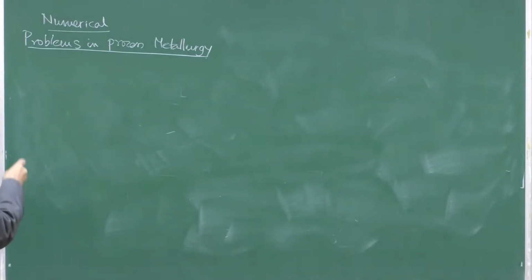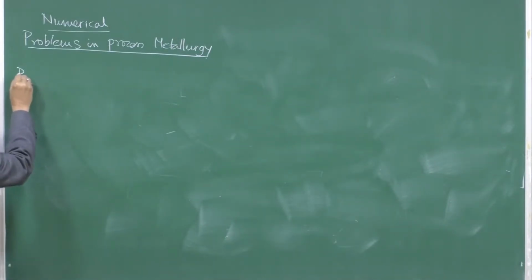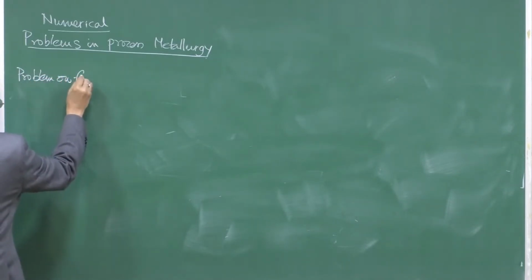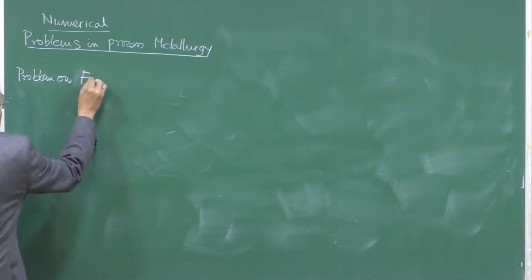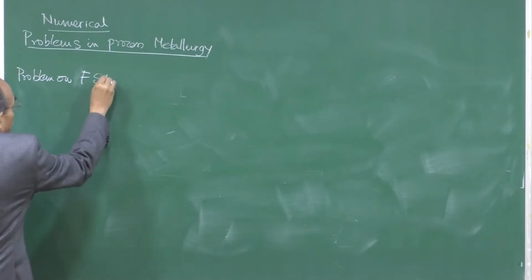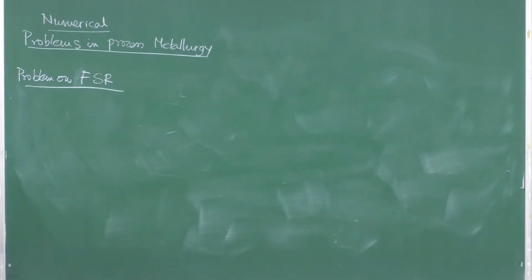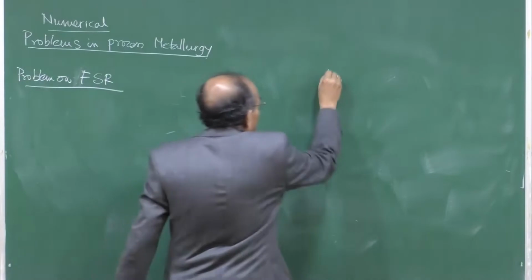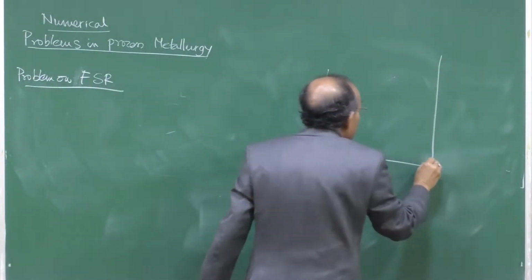So, a problem on free settling ratio. What is the problem? Calculate the free settling ratio of quartz and galena in water. Suppose a big water mass is there in a vessel.